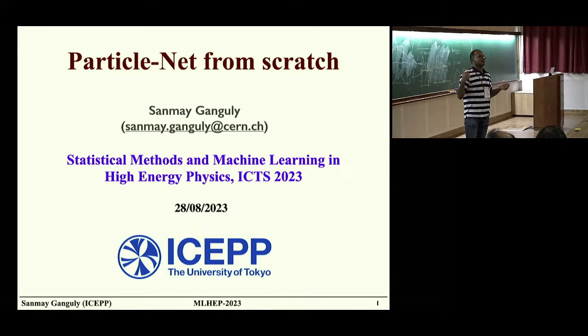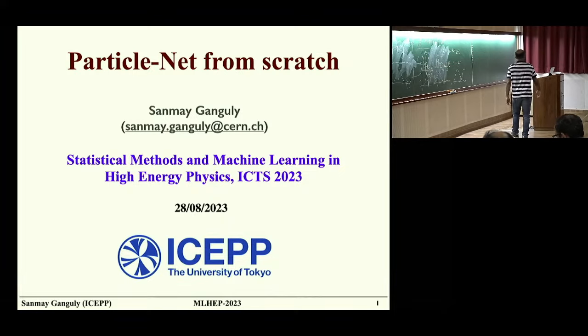But in case you are in CMS and work on, say, Higgs to b b-bar or HGCal, everything uses ParticleNet, from what I have heard from my friends and everyone. So if you know what's going on, it's easier to try those techniques. That's the point of this talk.